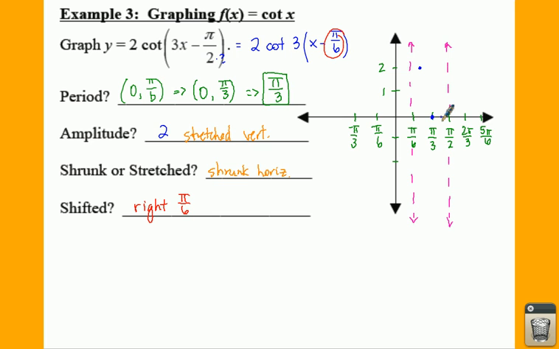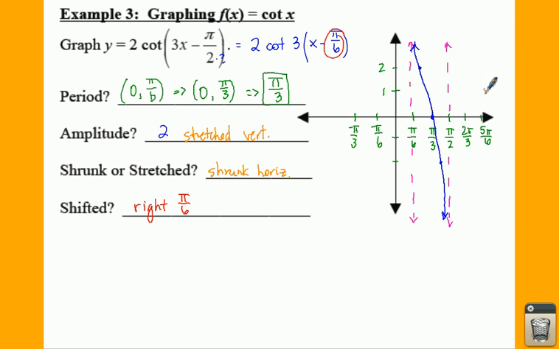Halfway between pi over 3 and pi over 2, down negative 2, and then you draw in this nice pretty blue line. And there we go. That looks great. And then you would just repeat it.